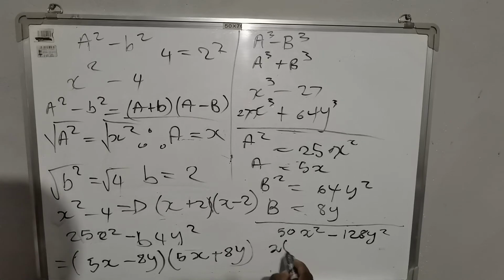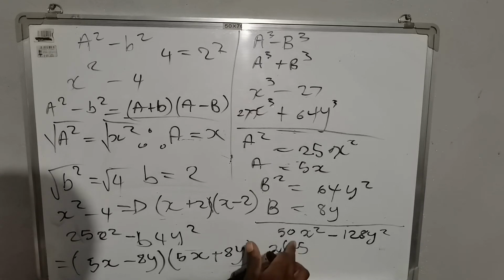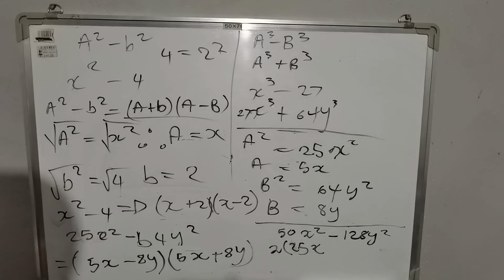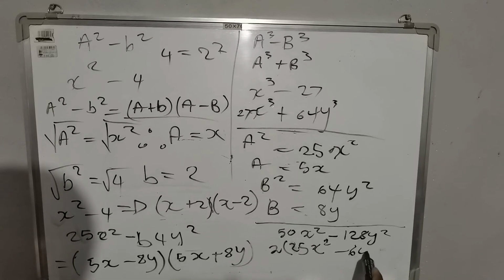Then you would say this would be 25. Sorry about that. This would be 25x squared minus 64y squared.